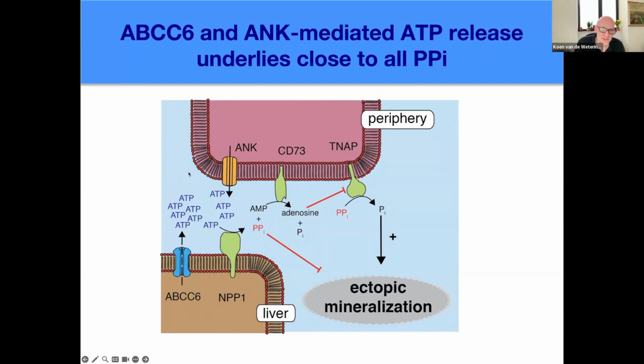And after release of ATP into the blood, you still need this other enzyme to produce pyrophosphate out of the released ATP. And the pyrophosphate then travels to the distant soft connective tissues to prevent calcium and phosphate to precipitate and to prevent ectopic calcification.